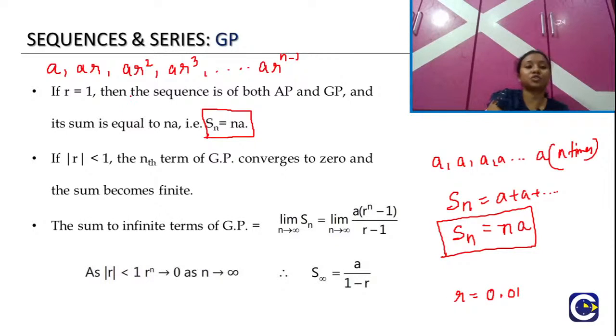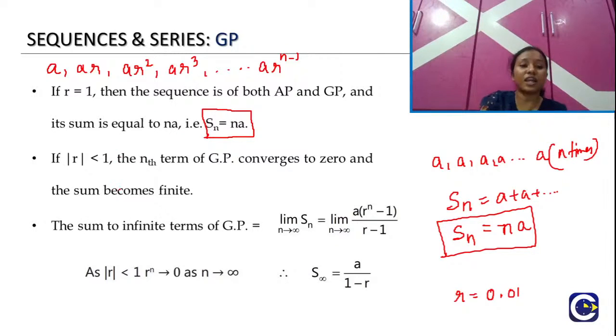So if I substitute my r value, r square will be 10 power minus 4. What about r cube? What about r power 4? r power 5? The value will keep reducing, such that it will become very small, so small that we could neglect it.